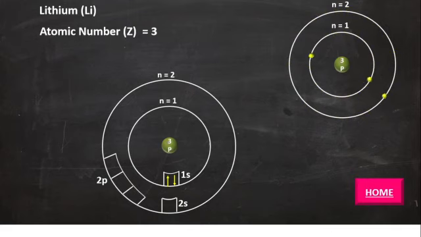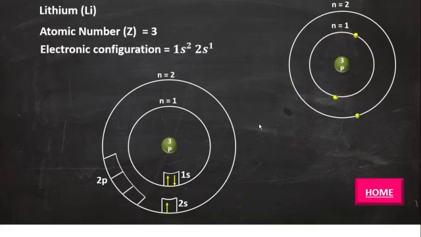So least energy orbitals are filled first. Okay, so the third electron will come and occupy the 2s orbital. So in this way the electronic configuration of lithium is 1s2 2s1.